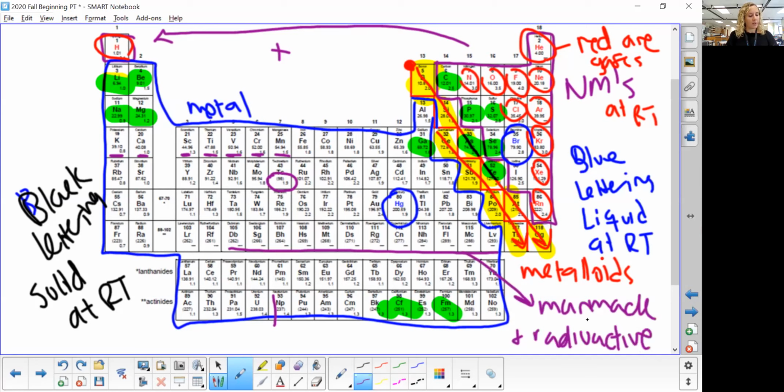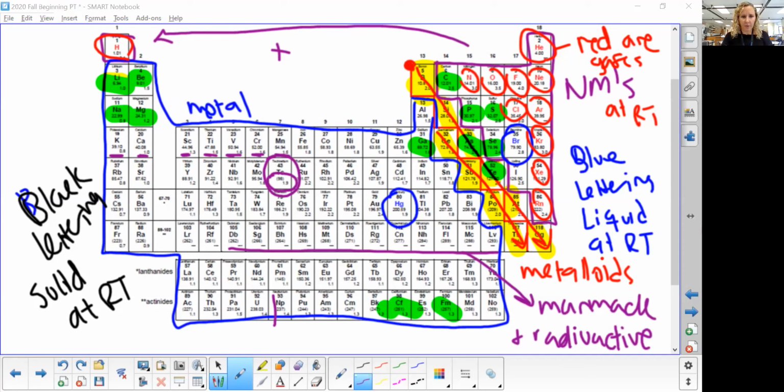So we don't necessarily know their state of matter at room temperature. And technetium is the lightest one, but it doesn't have any stable isotopes found on Earth, okay? And so that is what you need to know with that one.